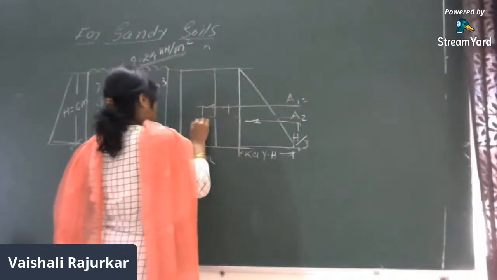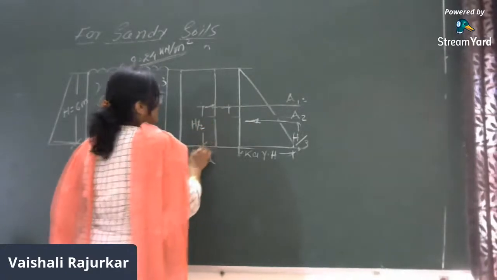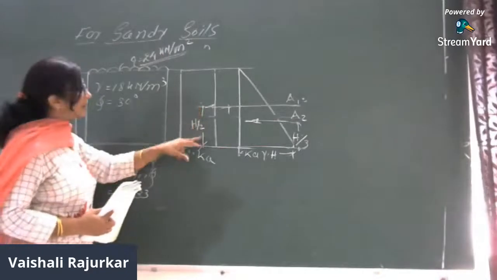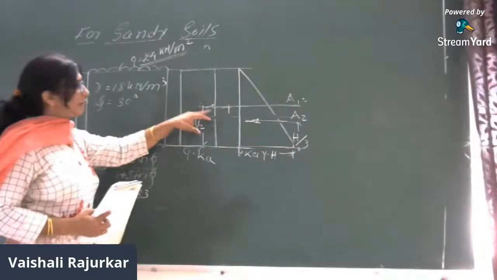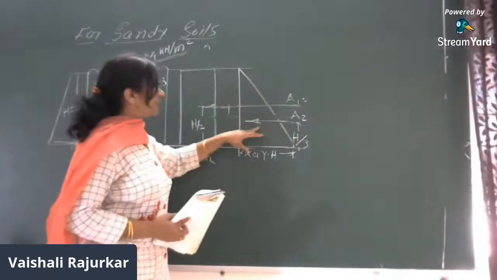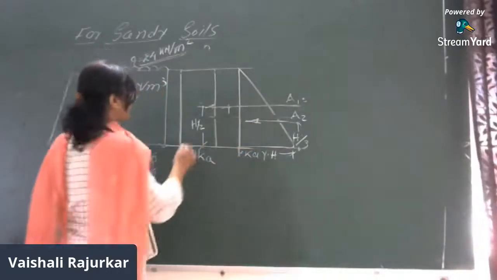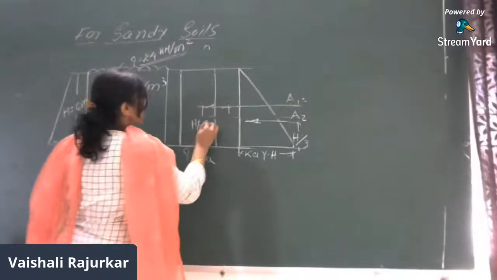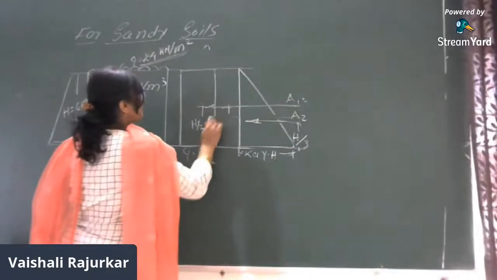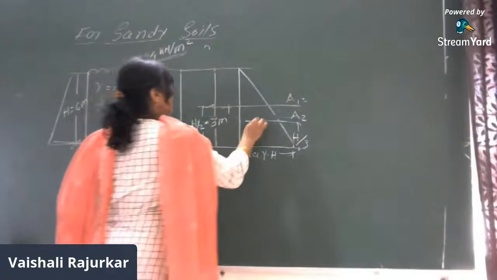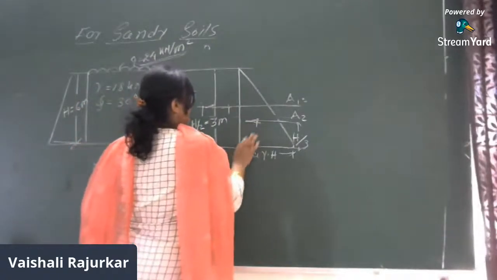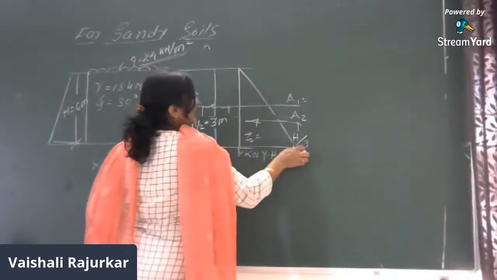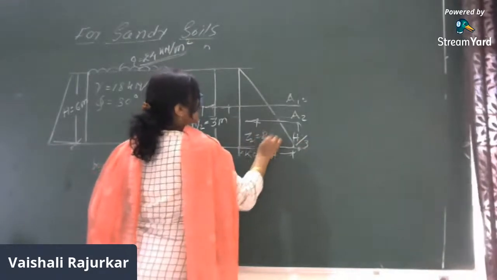It will be h by 2 distance from the bottom. As it is a rectangular diagram, the CG of the rectangle will be at h by 2 distance from the bottom, and here there is a triangle. Therefore, it will be at h by 3 distance from the bottom. So, what is the total height of the wall? It is 6 meter. So, this h by 2 is found to be 3 meters, and Z2 is found to be h by 3 distance, means it is 2 meters, right?